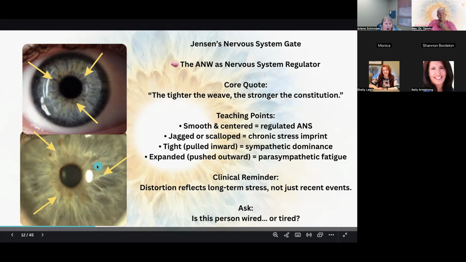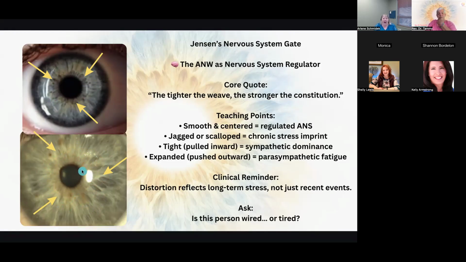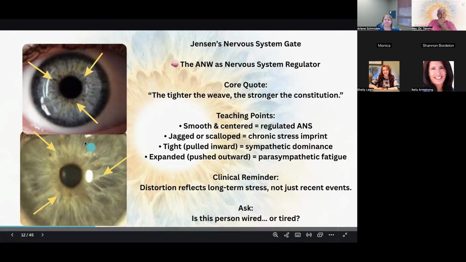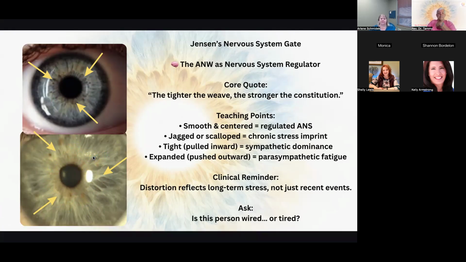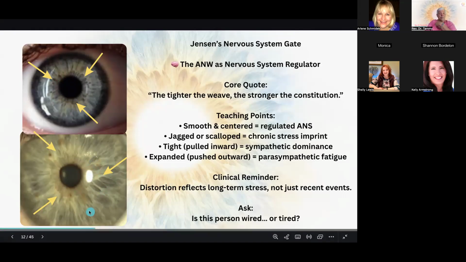It's kind of off structure here. So this is indicative of a chronic stress imprint. If it's tight, pulled inward, it's showing sympathetic dominance like this one. If it's expanded like this one, it's more parasympathetic or fatigue. So distortion reflects long-term stress, not just recent events. So ask, is this person wired or tired?